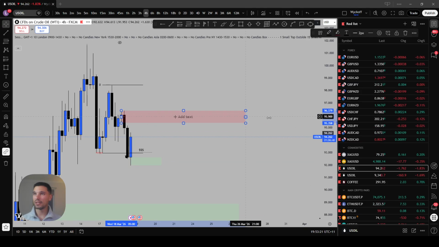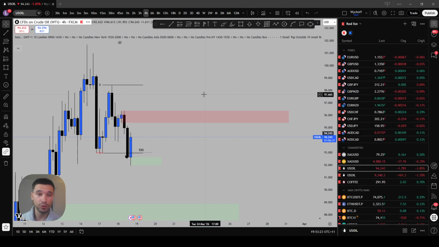This is a bit too high a time frame of a supply POI, and I do think that it may have been mitigated on the lower time frame. I will also check. Yeah, technically speaking, there's no point in looking at this because this range would not be valid in this 4-hour time frame.